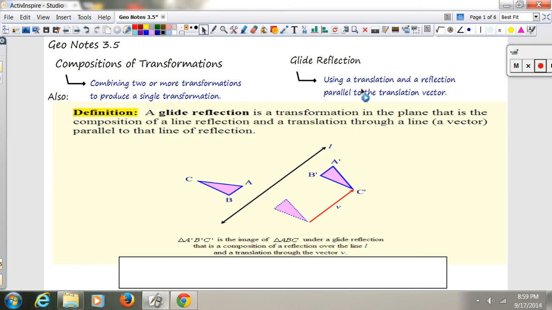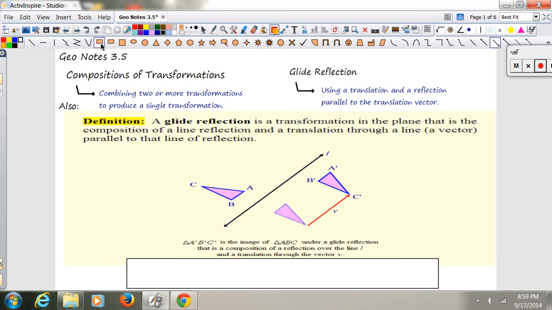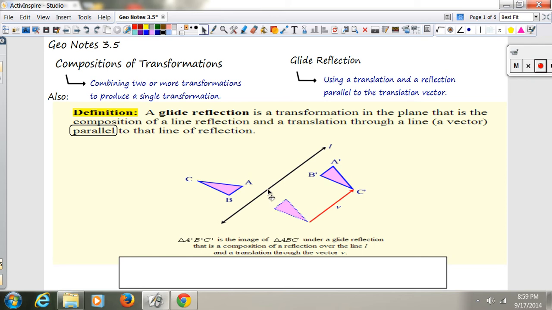The key word there, which I should circle for you, is parallel. For it to be a glide reflection, the reflection line and the vector lines have to be parallel.